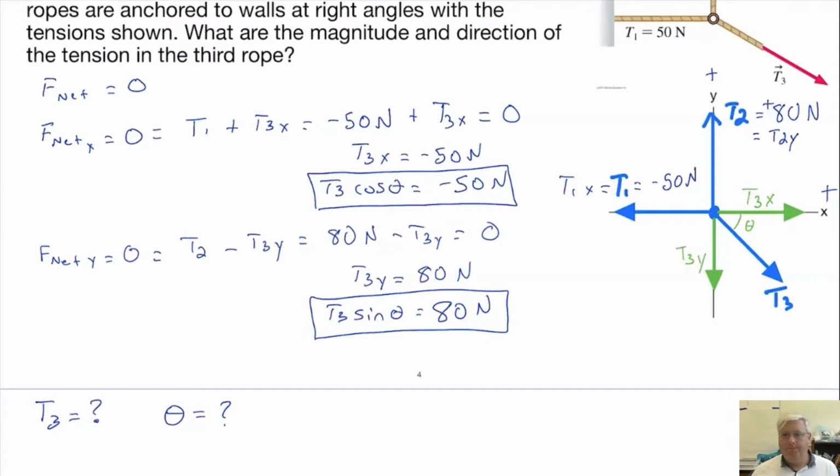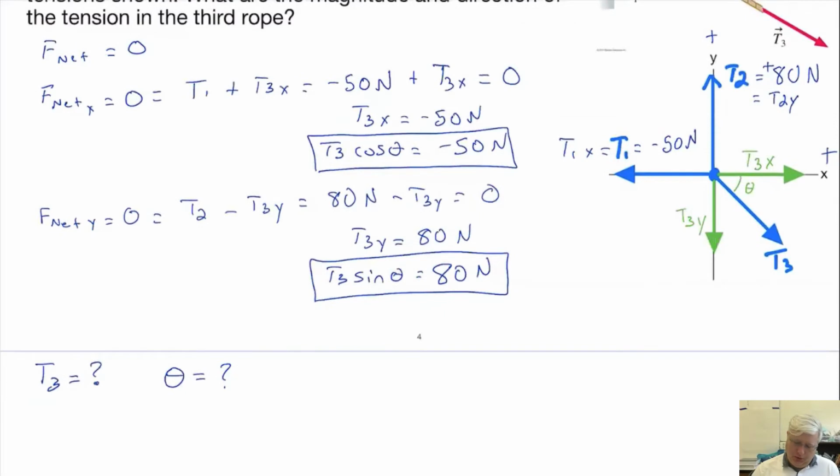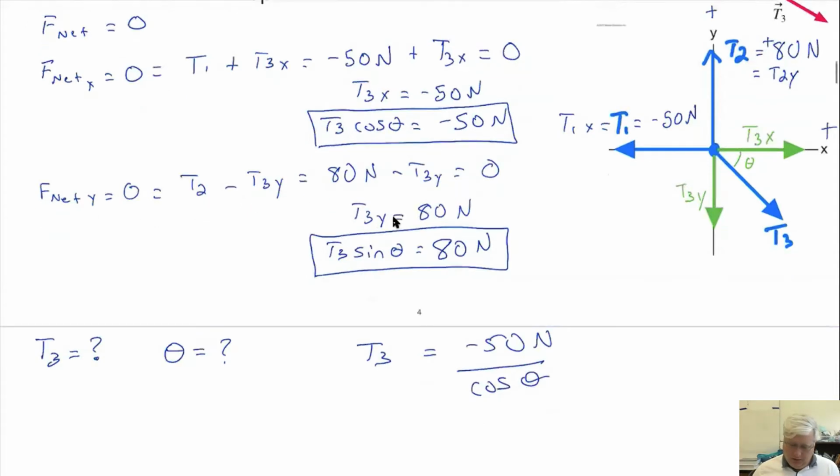One of them we could solve for T3, and then possibly insert it into the other one. So let's say from the top one, T3 would be negative 50 newtons over cosine of the angle. Okay, and then we can insert that into the second one.